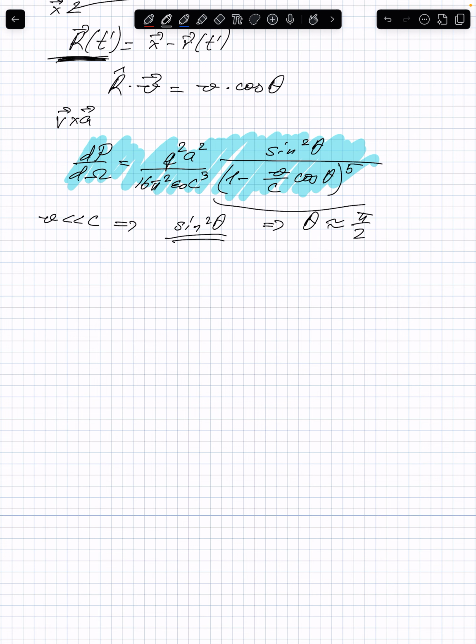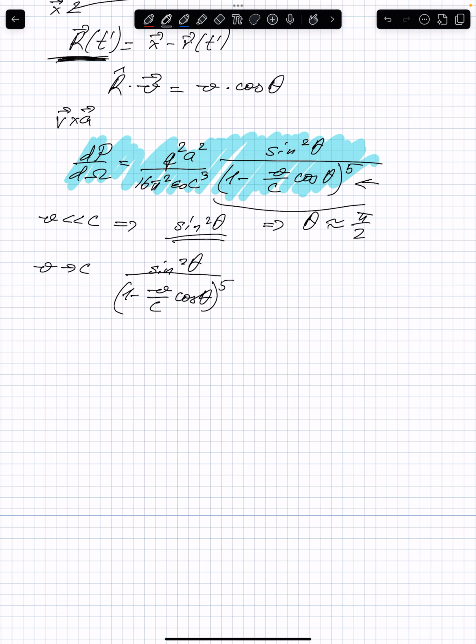Now, if we consider the situation when v approaches c, the situation changes because the denominator here becomes very small when theta approaches 0. As a matter of fact, we can find the angle at which this expression is maximal.